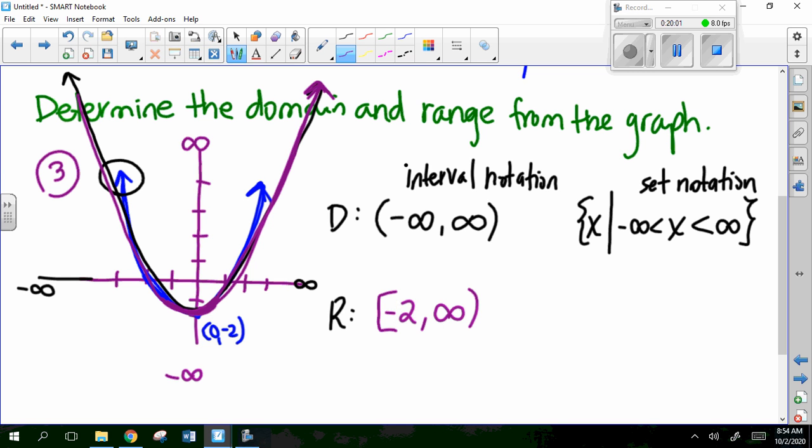Okay? So now we need to come up with an inequality that would go with that. Okay? And you have to tell me that we're using the y values because this is the range. All right, well, where does my interval start? -2. So that's going to be your first number. And then you're going to do a less than symbol.